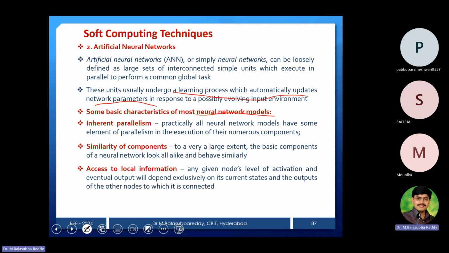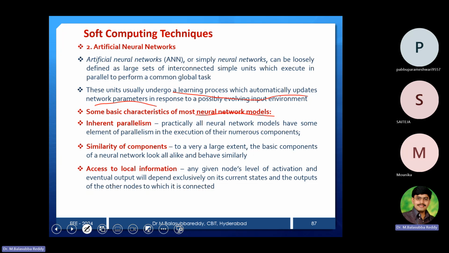Then access to local information: any given node can exchange its information, like in ant colony optimization, where the ant searches for food and exchanges its information so that all other ants also follow the path.